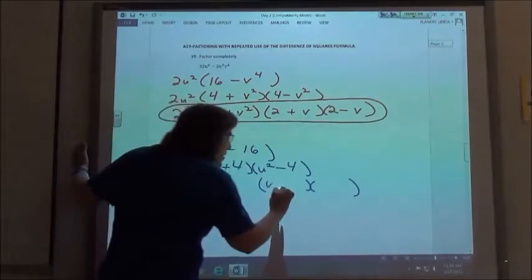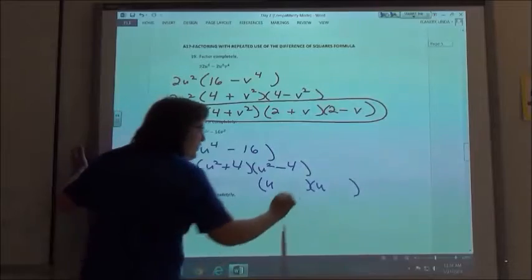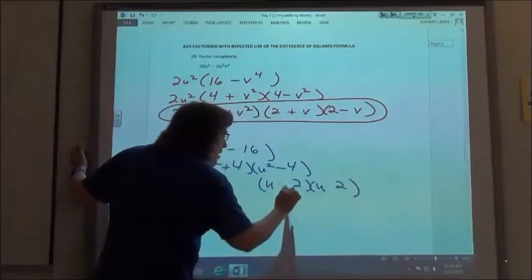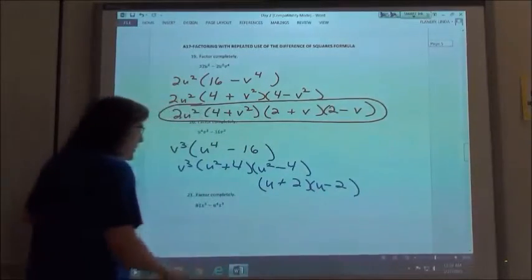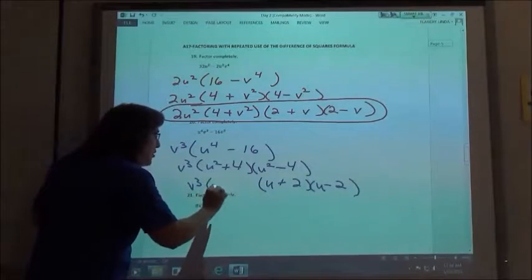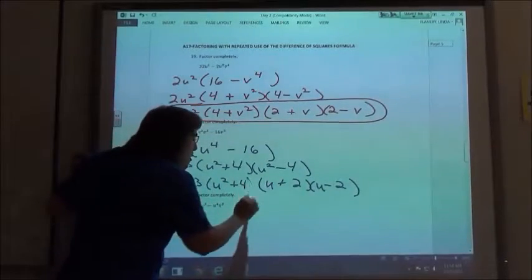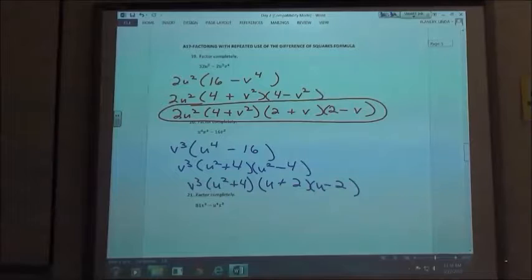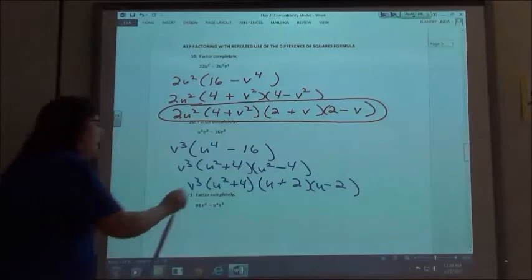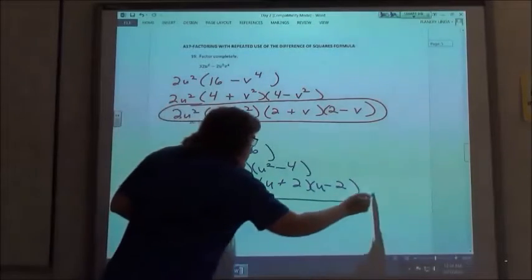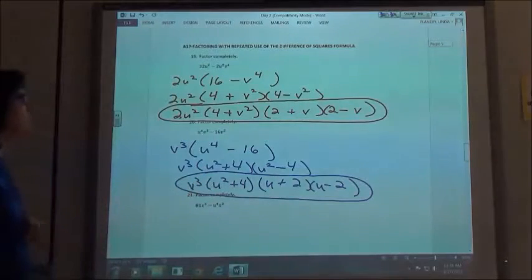Factors of u squared, u and u. Factors of 4, 2 and 2. One has a plus and one has a minus. So we have v to the third times (u squared plus 4) times (u plus 2) times (u minus 2). And all of that is going to go in for your answer.